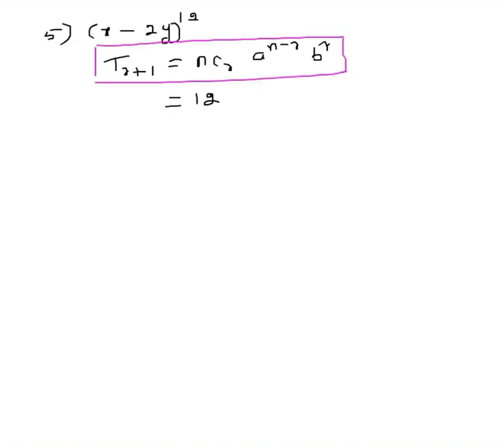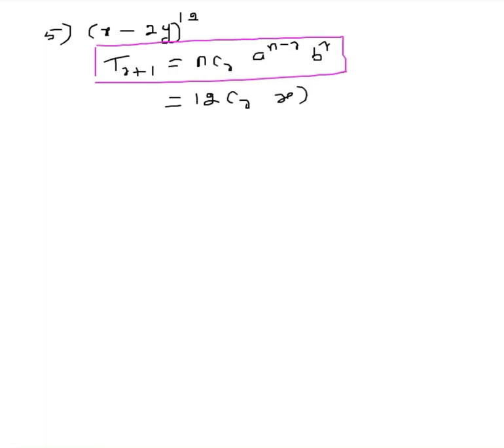Question number 5. Find the fourth term in the expansion of (x − 2y) raised to 12. Let us write the general term, which is nCr a raised to n minus r and b raised to r. N is 12, so 12Cr.